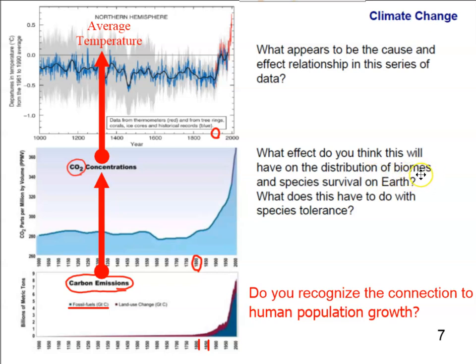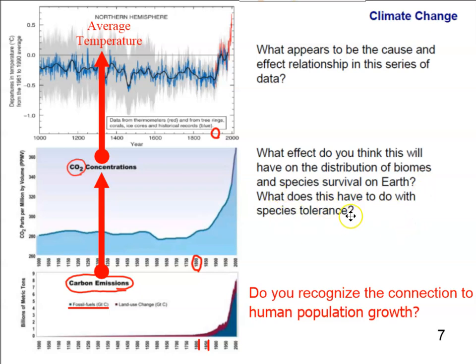But the problem is that we have produced barriers to that kind of change in their range, and a lot of species are not going to be able to move, or they're going to encroach on our space, and we're going to probably kill them to keep them out of our space, which is historically what we've done. So that's probably going to be the result of the climate change for other species on the planet. So it's going to exacerbate, in other words, make worse, the whole problem of endangered species and the extinctions that are happening on the planet.